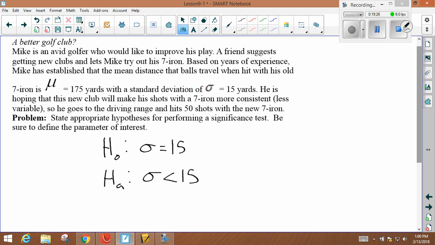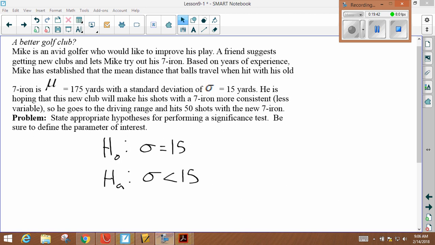So if we were going to do a hypothesis test on this, we would want to refute the claim that his standard deviation is 15 and find evidence to show that the standard deviation is actually less than 15. So in this case, we wanted to know if his standard deviation was less than 15, right? But what happens if he just wants to know if it's different, right?